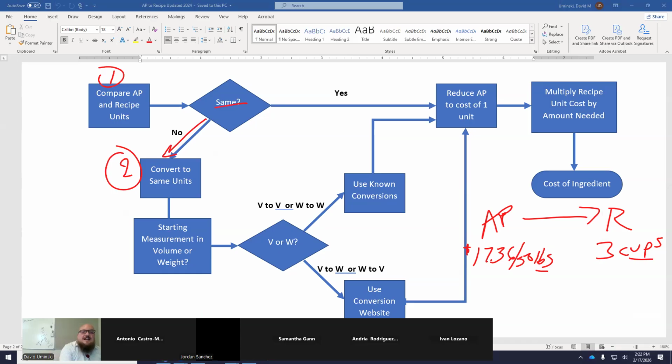And so we have to ask, is our starting measurement in volume or weight? Well, our AP is in weight and our recipe is in volume, in cups, right? So if it's volume to weight or weight to volume, we want to use the conversion website. So that's step number 3.